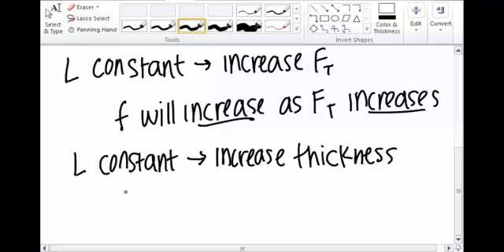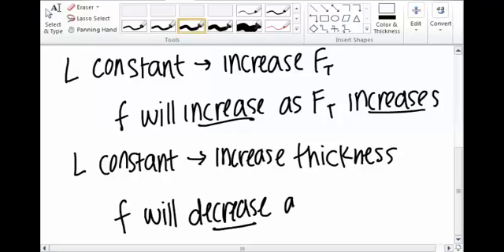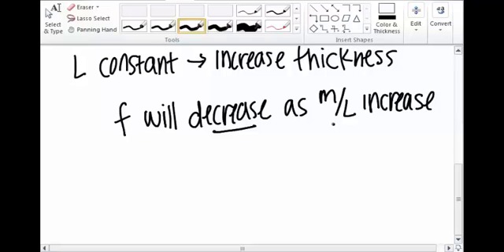It would decrease. So F will decrease as mass per unit length increases. And this mass per unit length is actually denoted with a mu.